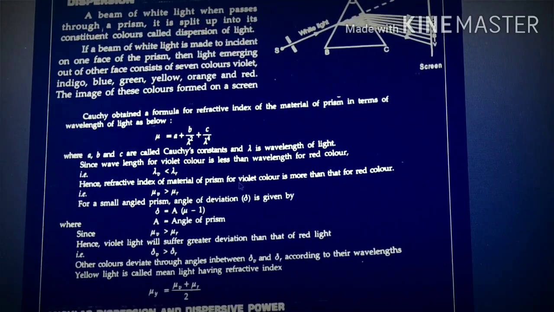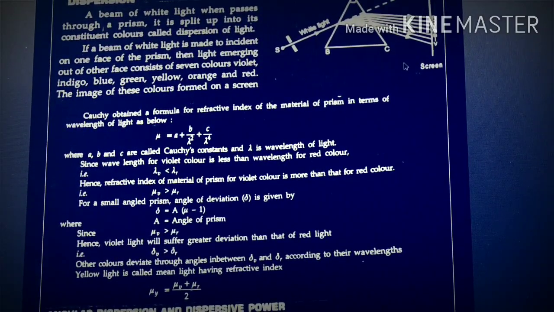Cauchy obtained a formula for the refractive index mu of the material of the prism in terms of wavelength. Cauchy derived a formula between refractive index mu and wavelength lambda.